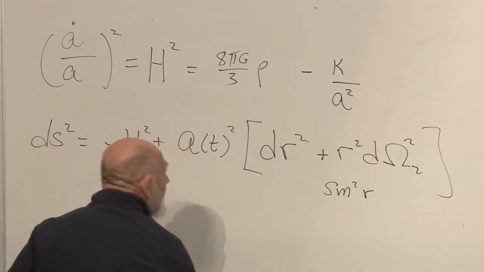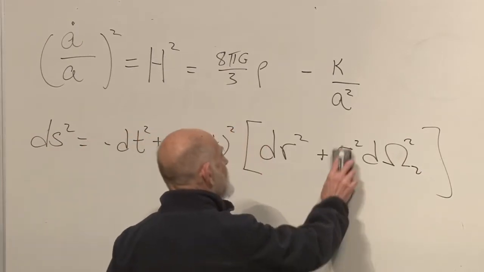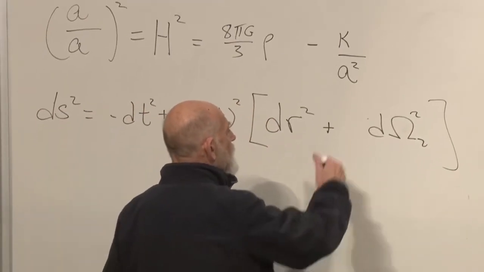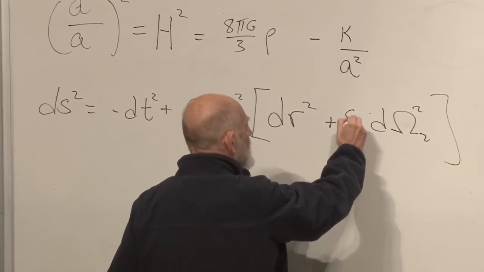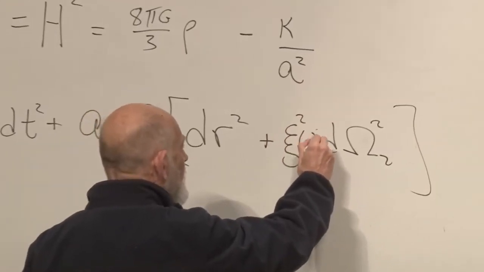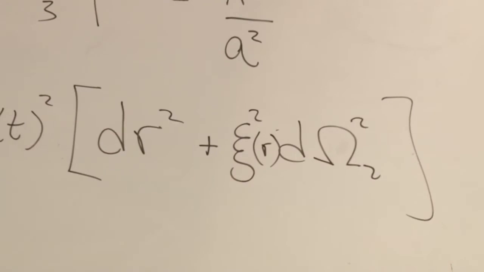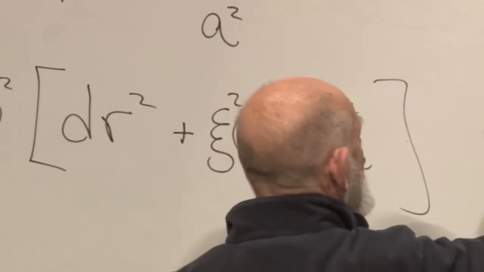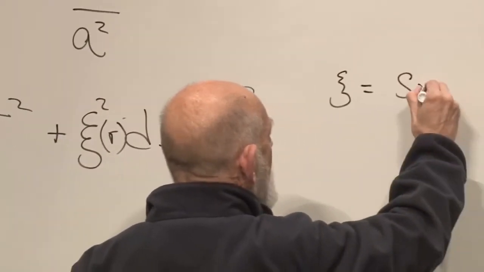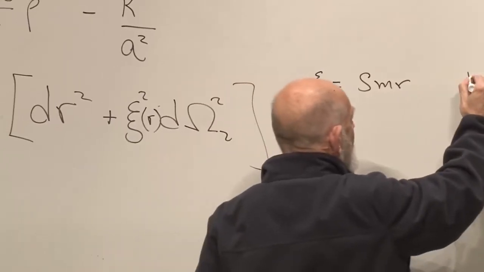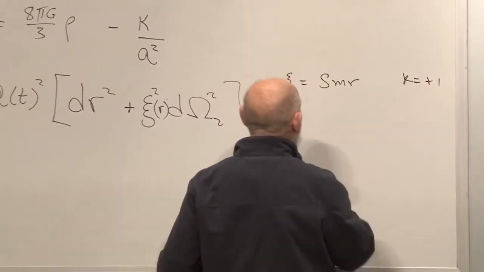All right, so instead of writing 3 separate equations, let's just call it c squared of r, where c has the following meaning. C is equal to sine of r when k is equal to plus 1.